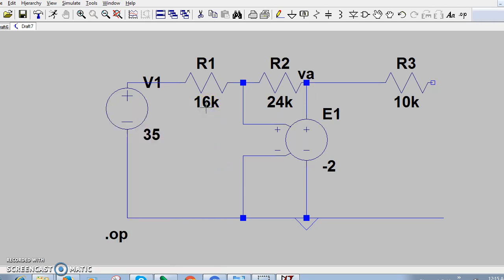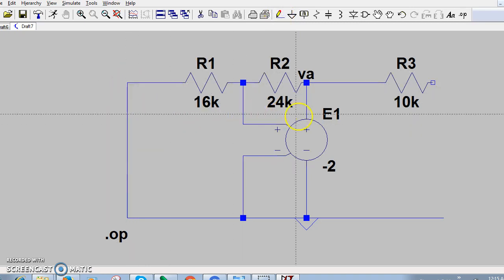Now finding the RThevenin, we need to short circuit this independent voltage source, and hence let's cut it, connect it with wires, and hence it is short circuited now. But this voltage dependent voltage source can't be short circuited for finding RThevenin.